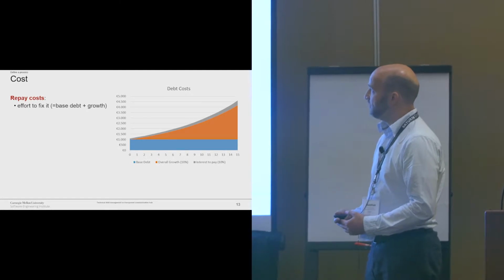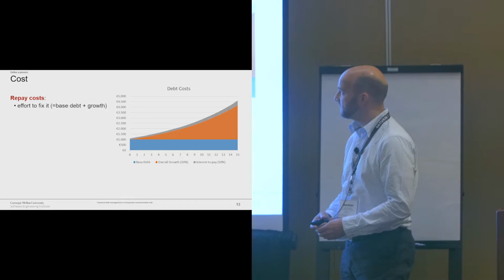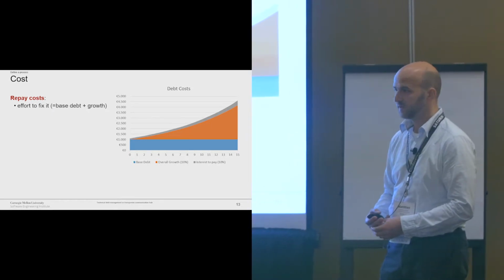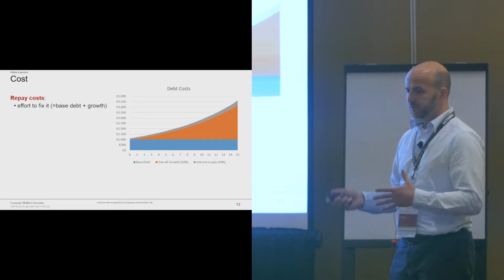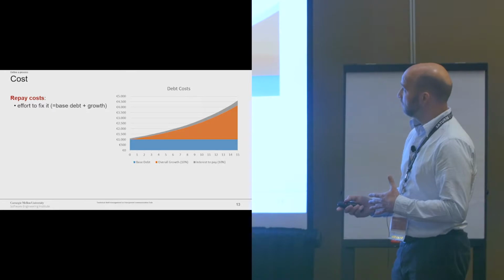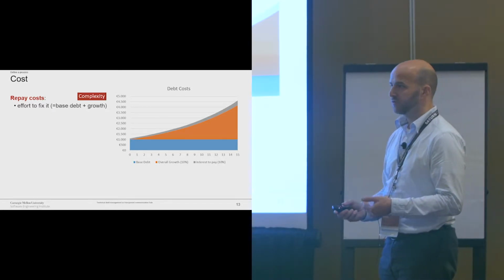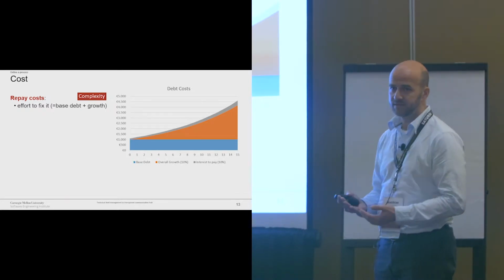At first, that's the repay cost. That's the effort to fix it, which is basically the base debt and the growth at the time you start to fix it. In our management process, we name that complexity, because the cost to repay it goes along with the complexity of the problem.